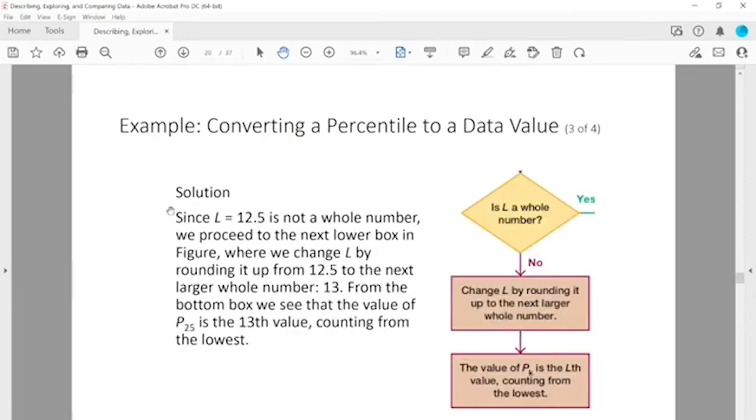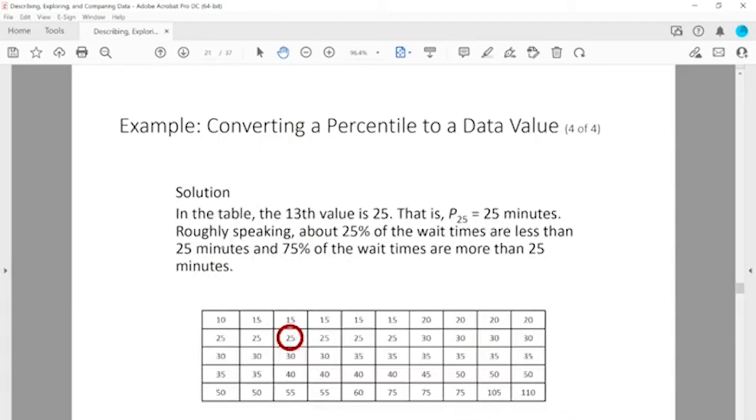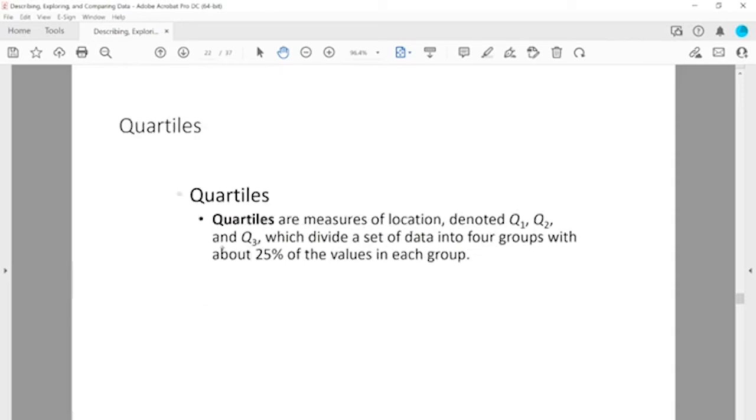Since L is 12.5, not a whole number, we proceed to the next lower box in the figure, and we round it up to the next whole number, which is 13. From the bottom box, we see that the value of P25 is the 13th value, counting from the lowest. So that is 25. Make sense? That's how we can find the percentile by finding the locator.